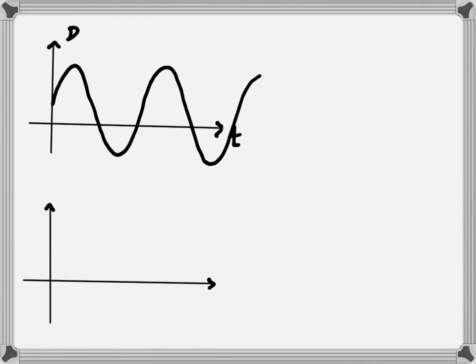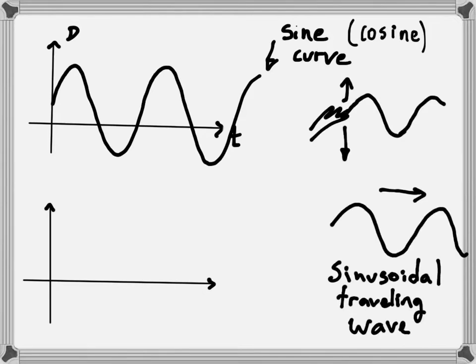So again, if the end of the rope is shaken following the motion of a harmonic oscillator, that is, if the displacement of the end of the rope as a function of time is a sine function, or cosine, because the sine and the cosine functions are the same, except that they're just displaced with respect to each other, then we can expect to have a sinusoidal traveling wave propagating in this medium.